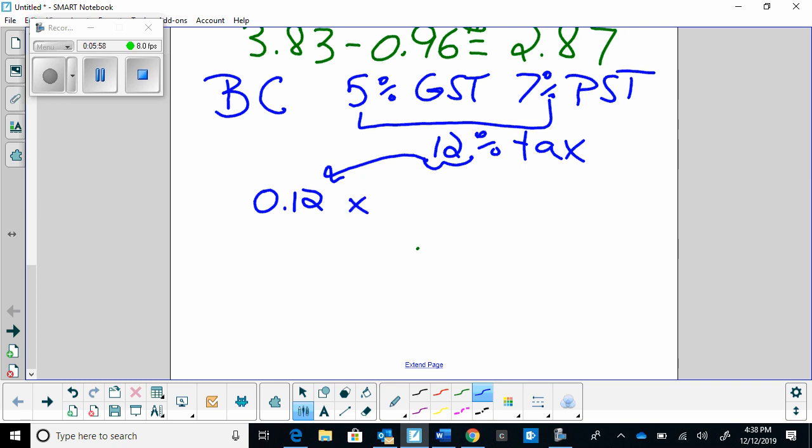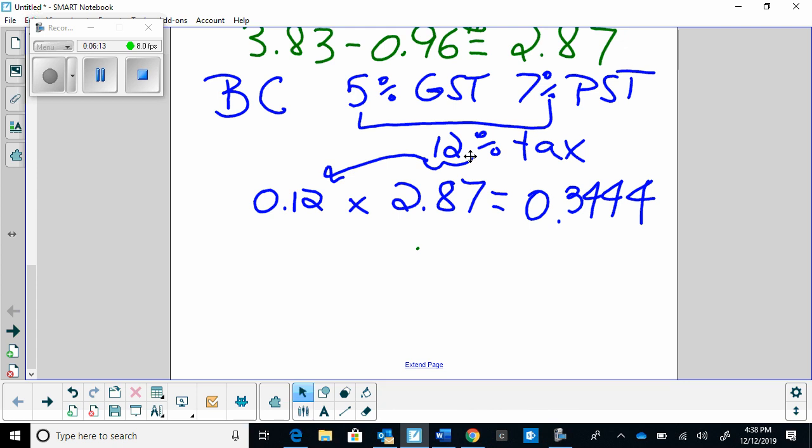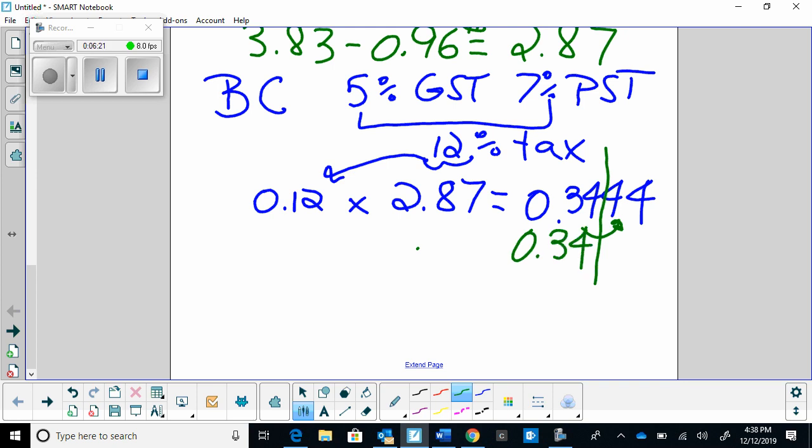Well, my total now is $2.87. So when I take 12% of $2.87, I get 0.34444. And again, because it's money, we have to round to the nearest hundredth. So I cut it off on the hundredth. I look at its buddy. Is it 5 or higher? No. So it stays as 0.34. That is my number of tax.